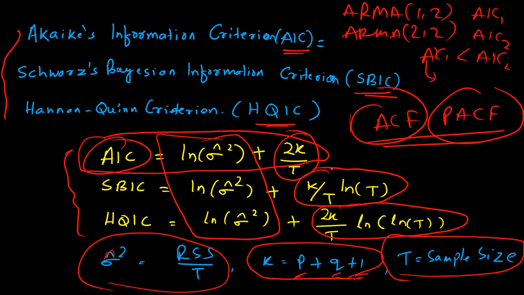That's the way you choose, and it could take several models to find out which one is the best, not just two. It could be multiple, 5, 10, and so on. So this is an additional, or a totally different, way of choosing the order of the model. You can use it along with your ACF and PACF to make sure that your selection of the model is more robust in nature.